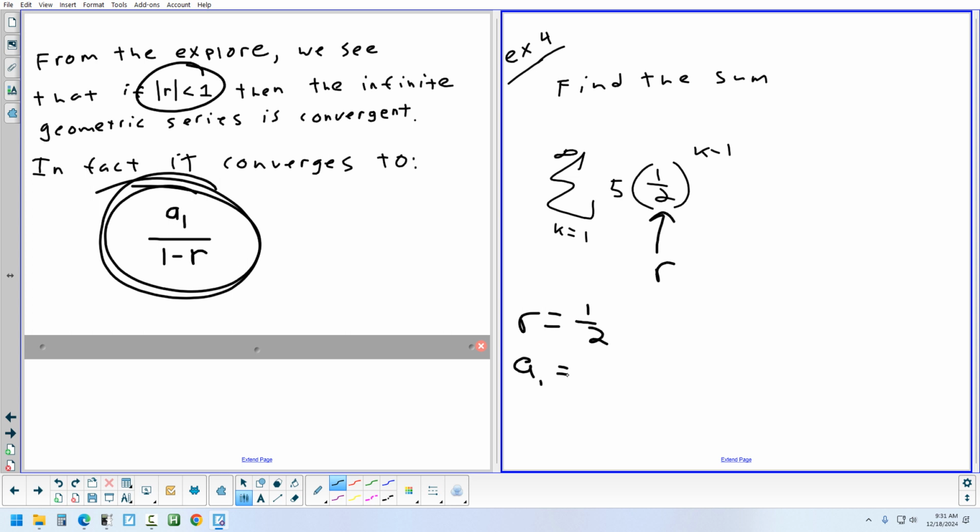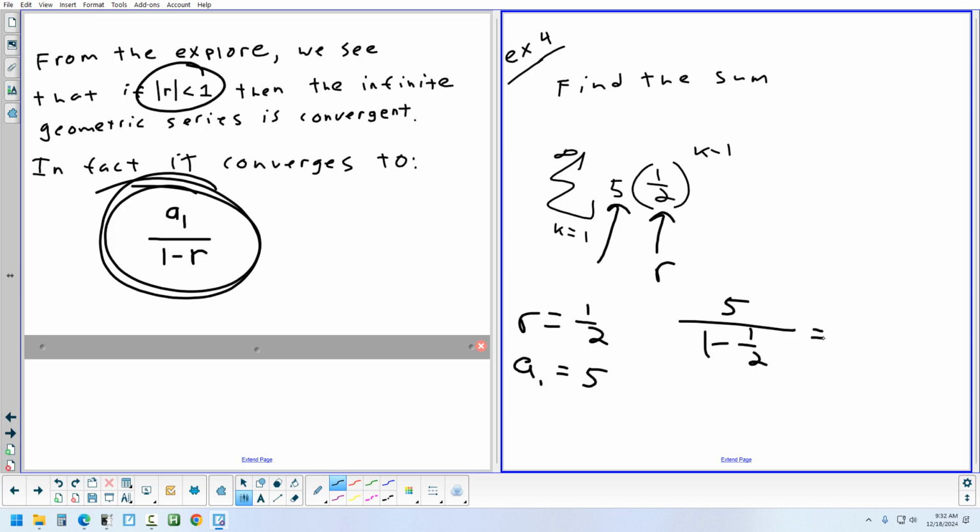If you plug in 1 for k, what is your first term? 5. Yeah, the first term is basically whatever's right there, because when you plug in 1, 1/2 to the 0 power is 1, and 1 times 5 is 5. So let's see what this adds up to. Take the first term and divide by 1 minus r.